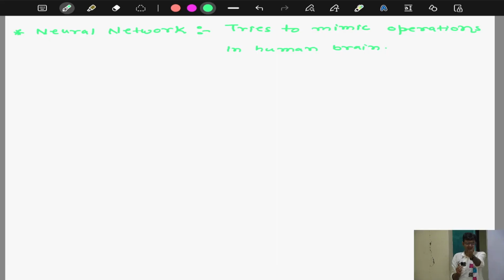Then, as Harpreet was saying correctly, you check whether that accumulated information crosses a threshold or not. If it crosses a threshold, then the neuron fires. Firing means passing information. Firing means it gets activated. So this term activated will become very important.